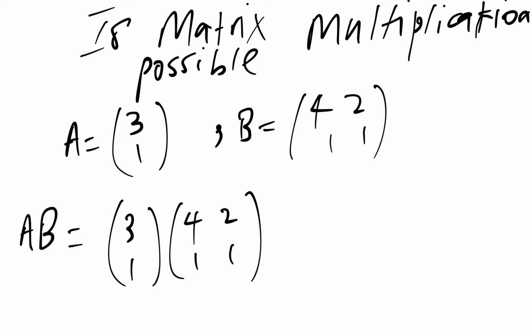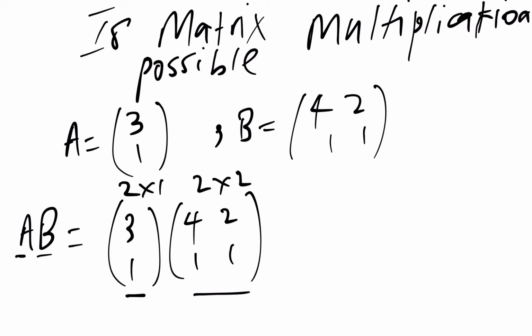What you have to do first is find the order of the two matrices. Matrix A has order 2 by 1: we have 2 rows and 1 column. Matrix B is a 2 by 2: 2 rows, 2 columns.